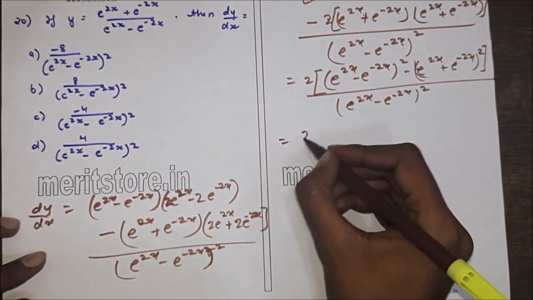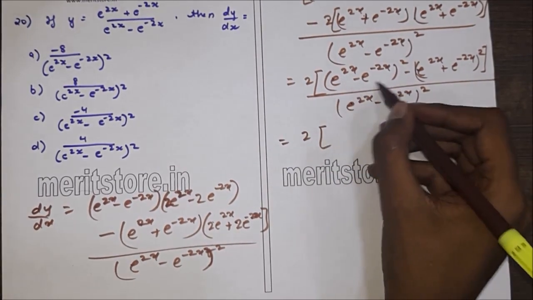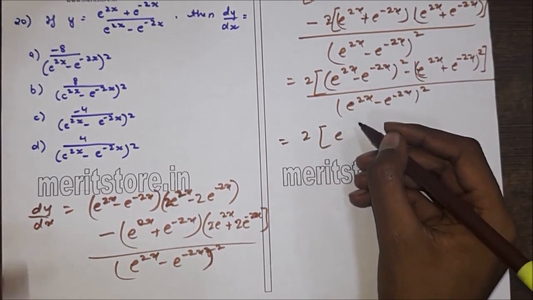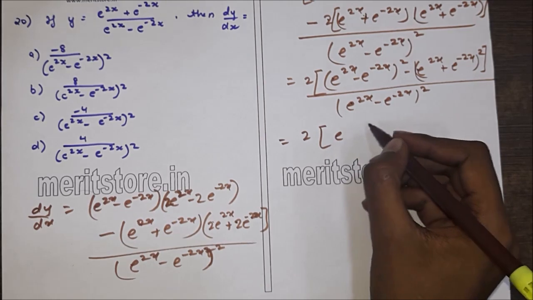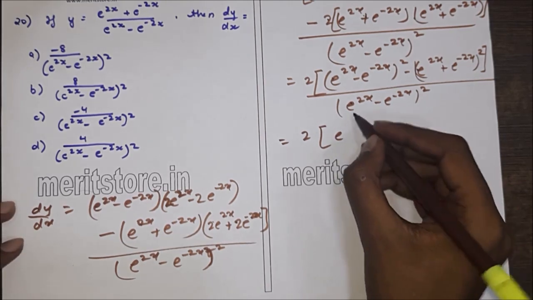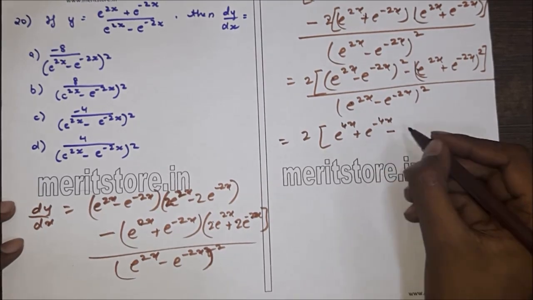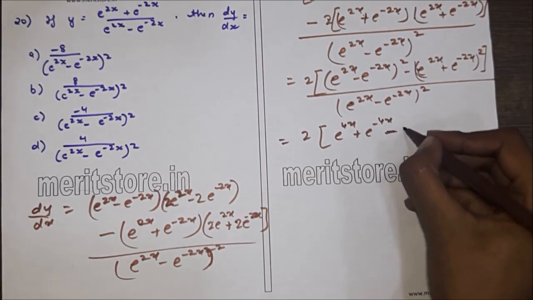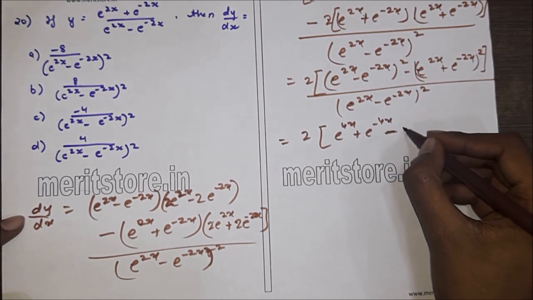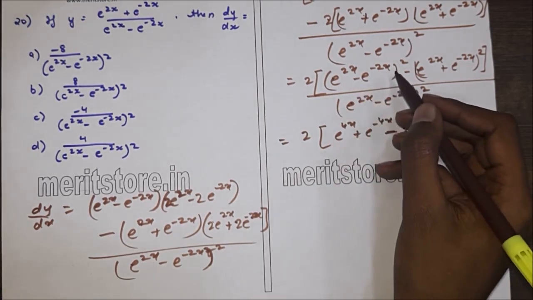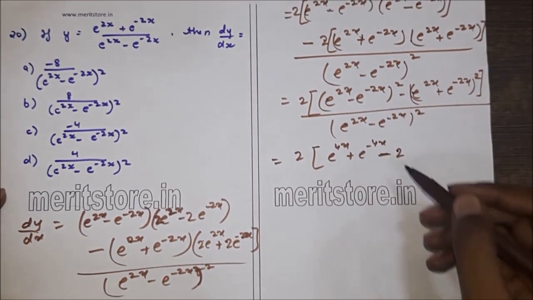Rewrite this as (a minus b) the whole square can be written as a square plus b square minus 2ab. So this is e raised to 4x plus e raised to minus 4x minus 2 times e raised to 2x into e raised to minus 2x, which is 1, since they are reciprocals.